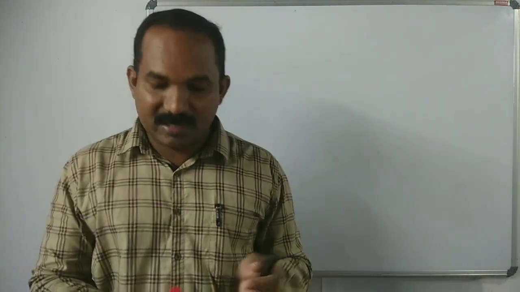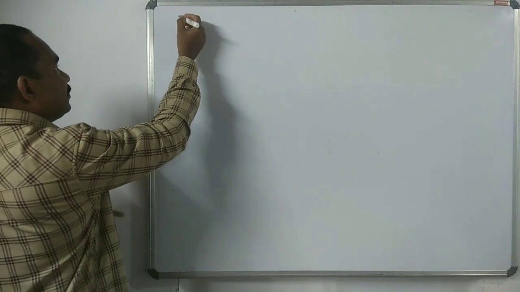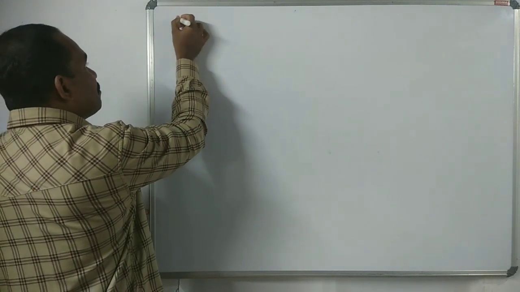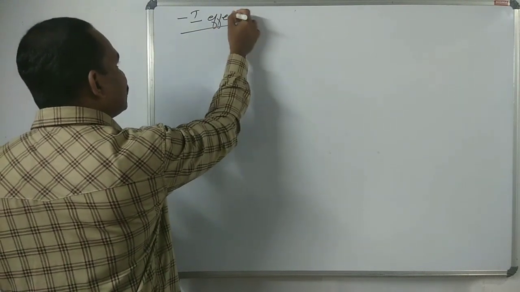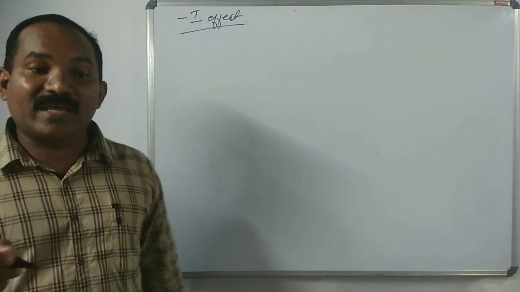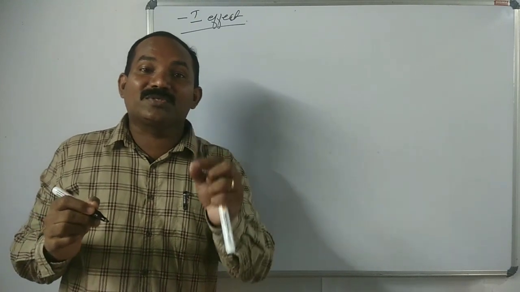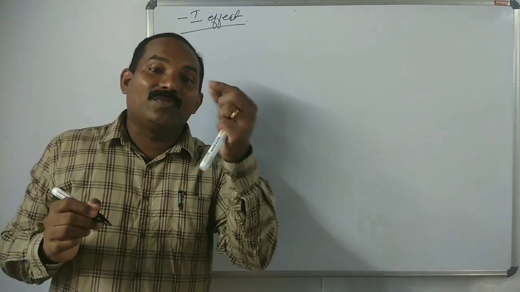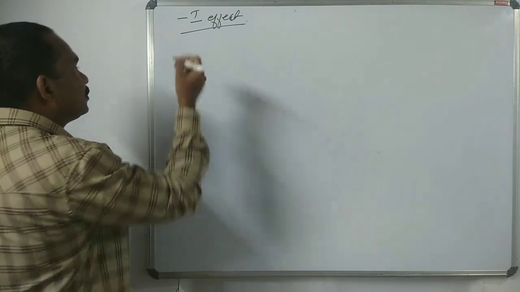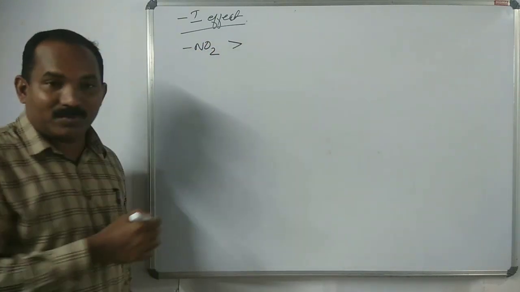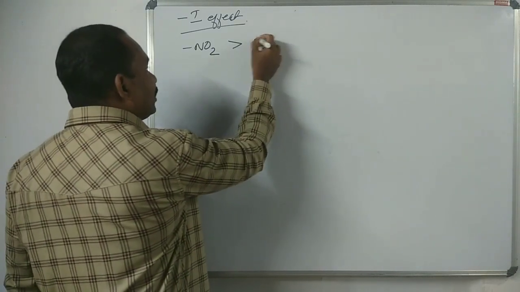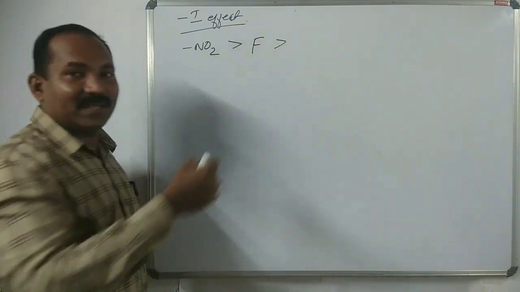Let's discuss some groups which are included in the plus I effect and the minus I effect. First of all, minus I effect groups. So what are minus I groups? Minus I groups are the groups which withdraw the electron. NO2 group is a minus I group, and a fluorine atom is a minus I group.